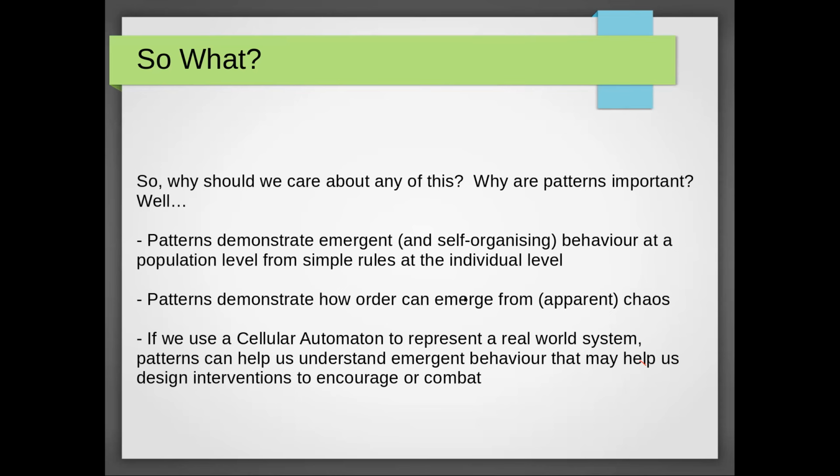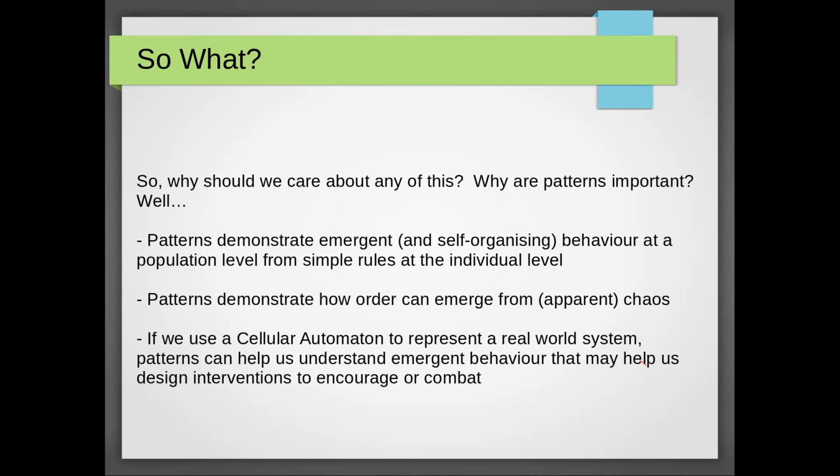And then as we start to think about how some of this stuff might be useful, if we were to think about using a cellular automaton to represent a real world system, and think about how the rules that we apply could be used to emulate something that's happening in the real world, then these patterns that emerge can help us to understand that emergent behavior, why it's emerging, how it's emerging, and therefore how we might either encourage or combat it, depending on whether it's a positive or a negative thing that's happening.